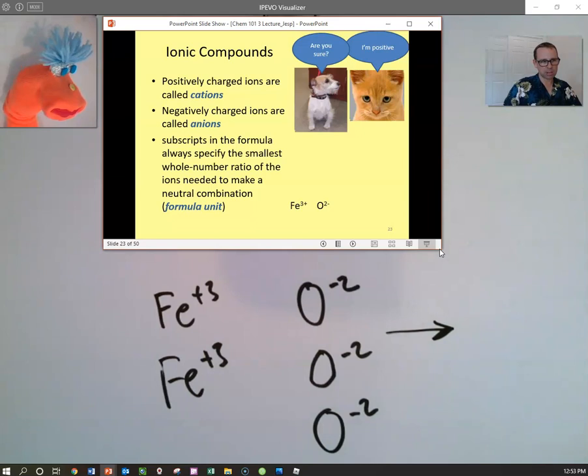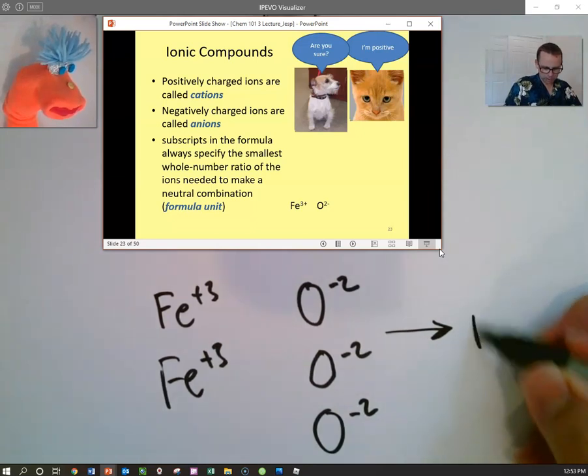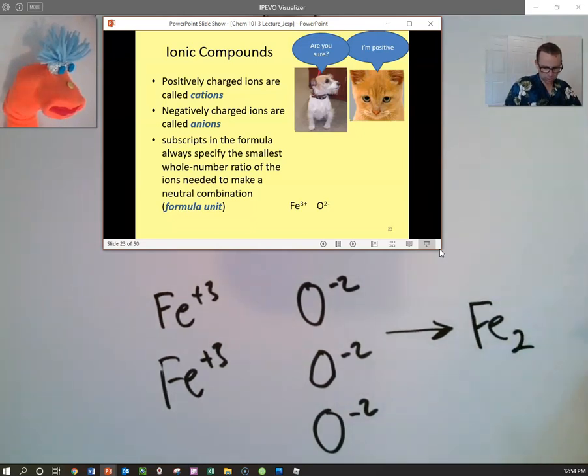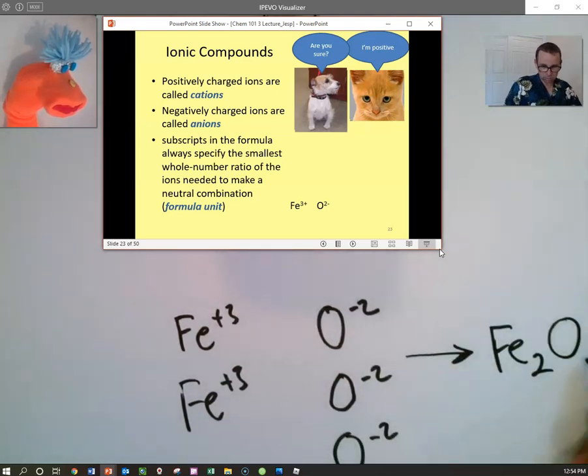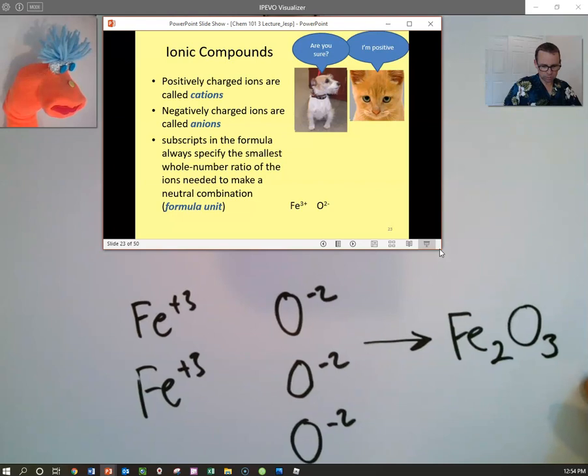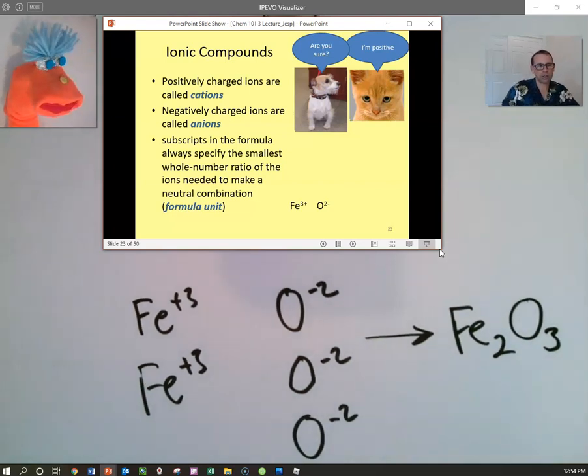The resulting compound is Fe2O3, because 2 iron ions are necessary, and 3 oxide ions. Very good. And this compound is called an ionic compound.